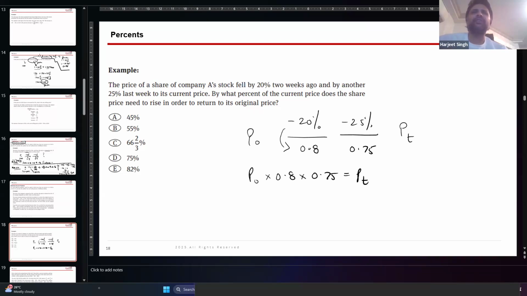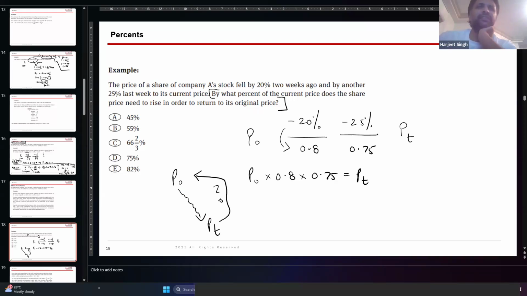Look at what the question is. The question gives us nothing about the original price. It reads: by what percent of the current price does the share price need to rise in order to return to its original price? So price from P0 has gone down to PT. Now, by how much should it rise from PT to get back to P0?